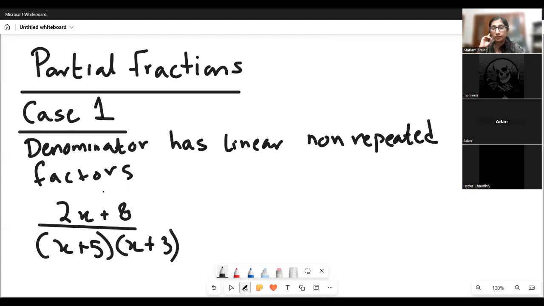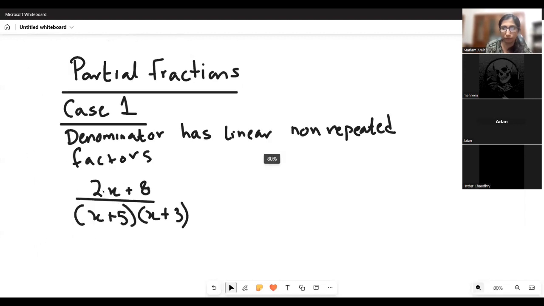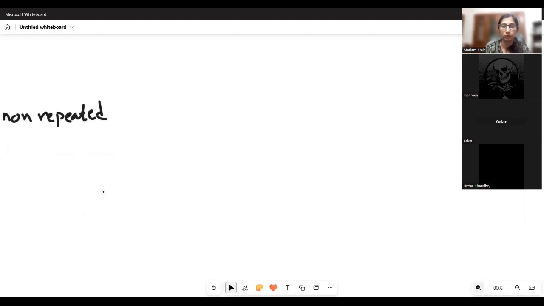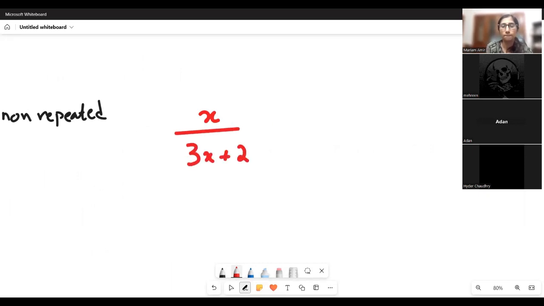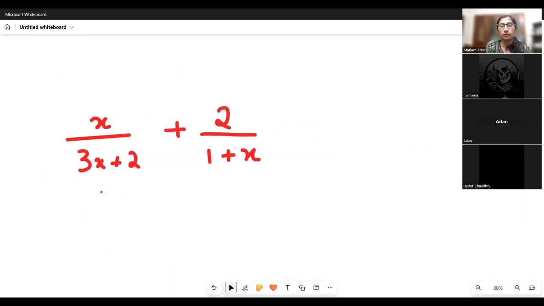What does it mean, breaking something down into partial fractions? Let's just talk about that for a bit before we come back to this case. From O levels, you know that if you have a question like this, x upon 3x plus 2 plus, let's say, 2 upon 1 plus x, you're asked to simplify this or rewrite this as a single fraction.